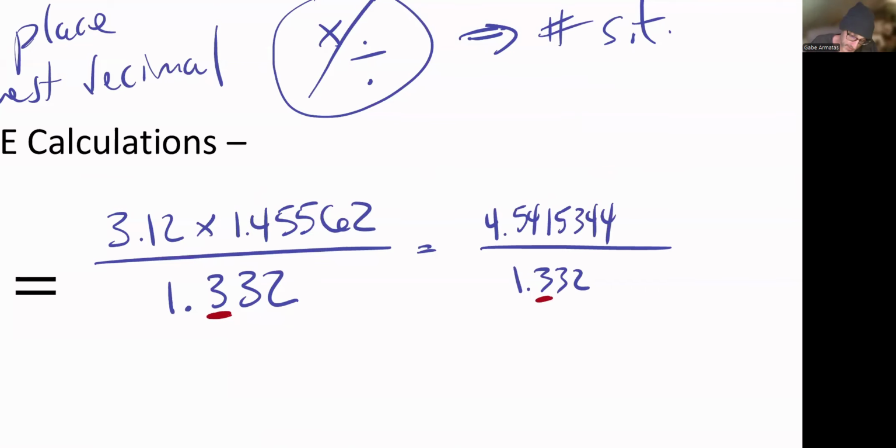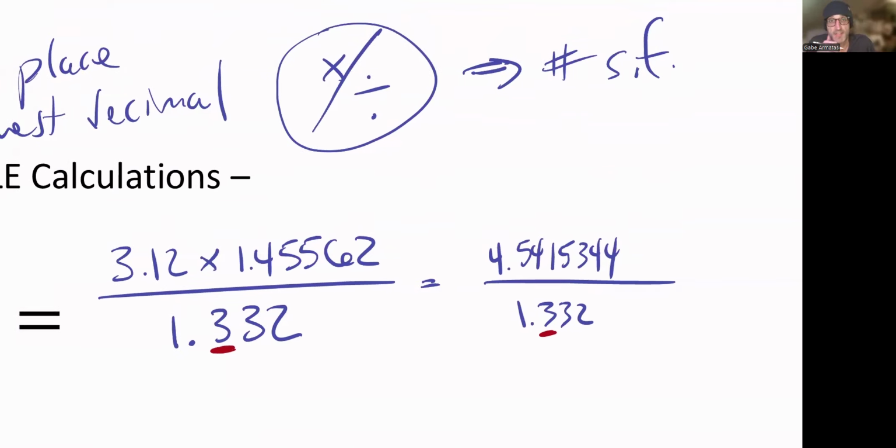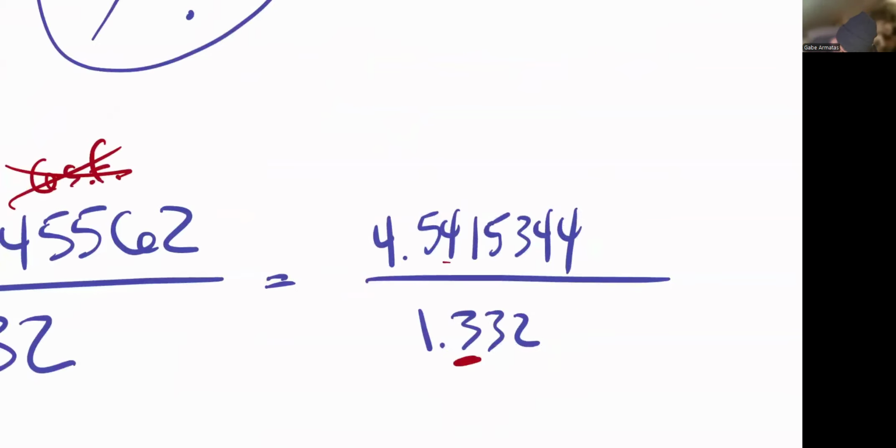And now I have to make a decision. I'm multiplying and dividing, so I'm interested in the number of sig figs. This has 3 sig figs. This has 6 sig figs. This one wins. My answer should have 3 sig figs. So I'm going to underline the third sig fig in my calculation. That's where I would have rounded. I'm still holding on to all of those numbers.